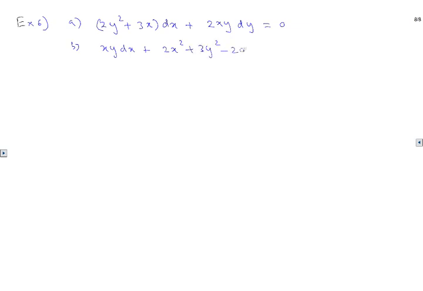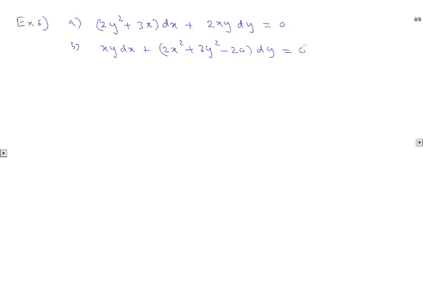The first one is (2y^2 + 3x) dx plus 2xy dy equals 0, and b is xy dx plus (2x^2 + 3y^2 - 20) dy equals 0.